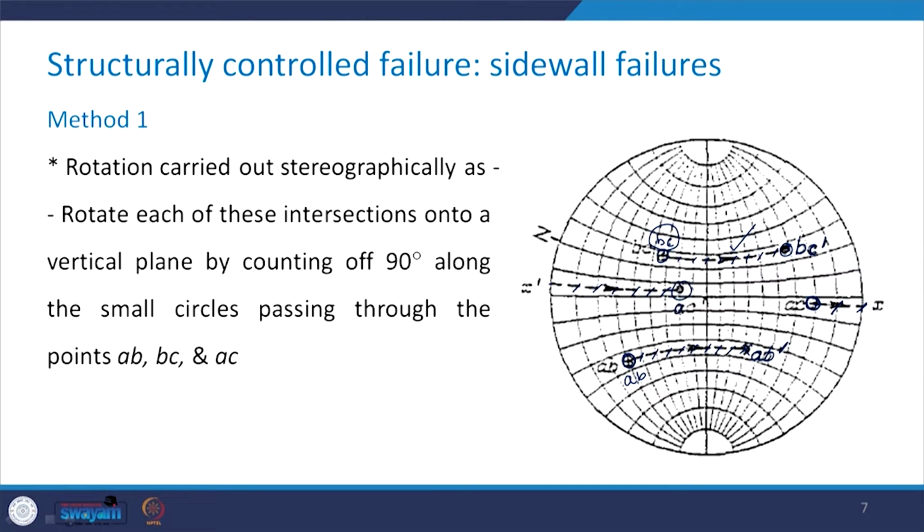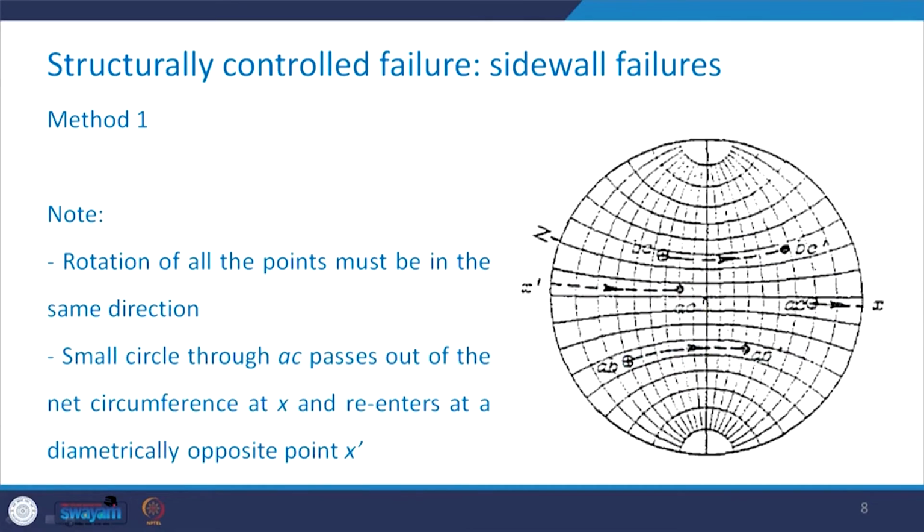So, this is the rotated location of this point AC. You need to keep in mind that rotation of all these 3 points must be in the same direction, like we are following in this direction.